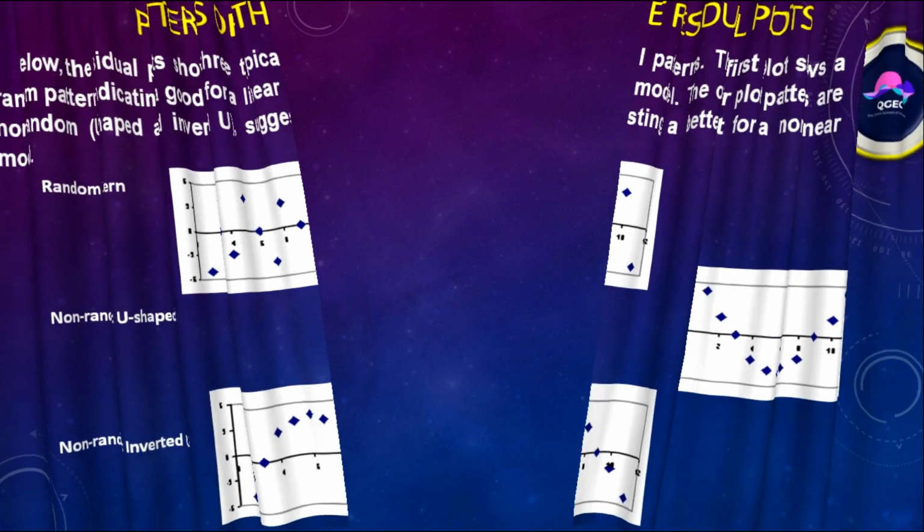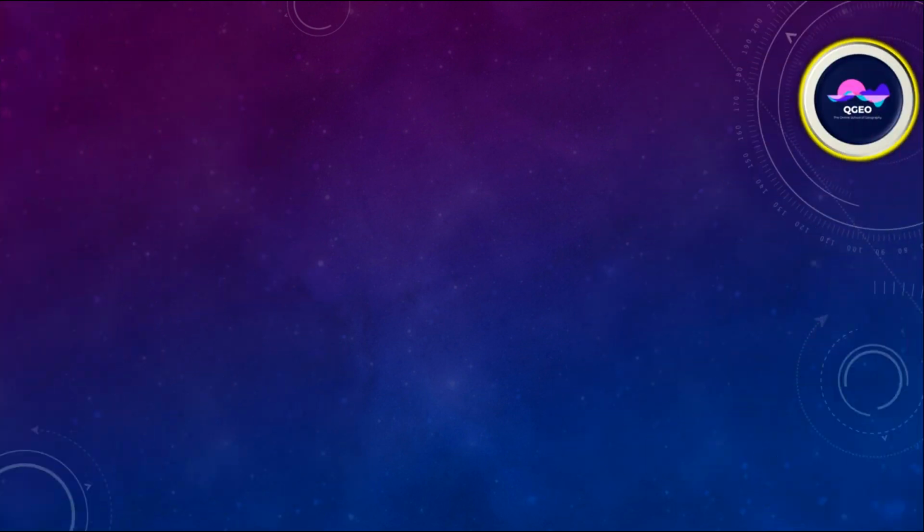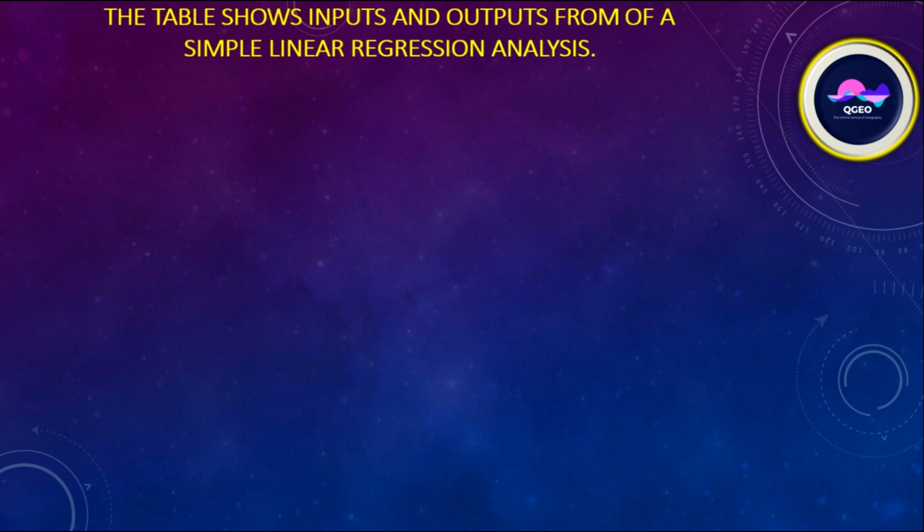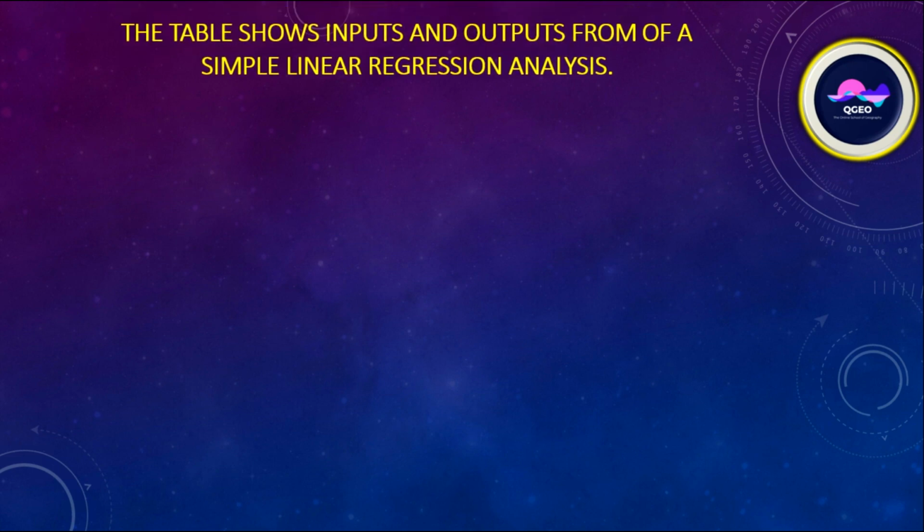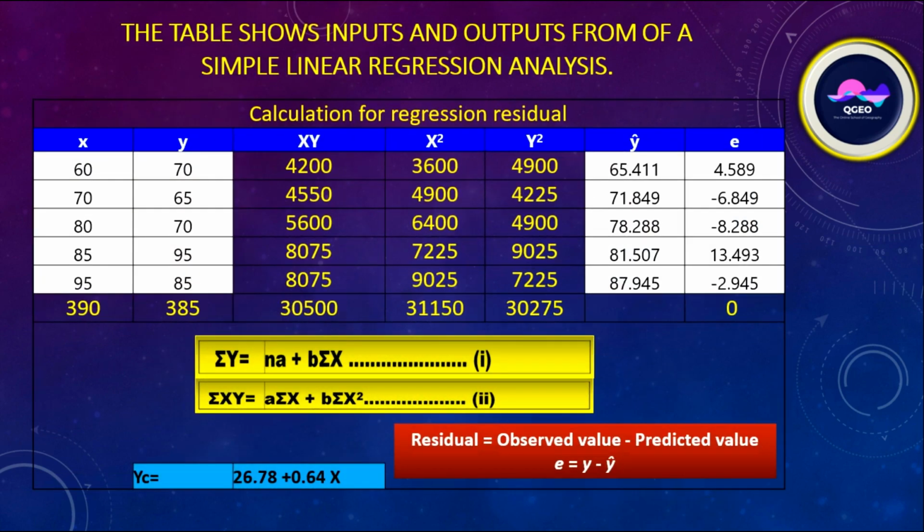Okay, next, a table shows the input and output forms of a sample linear regression analysis. Suppose here it is X and it is Y. Value of X is here and value of Y is here, and the total 390, here 385.